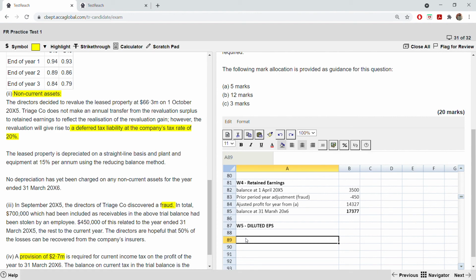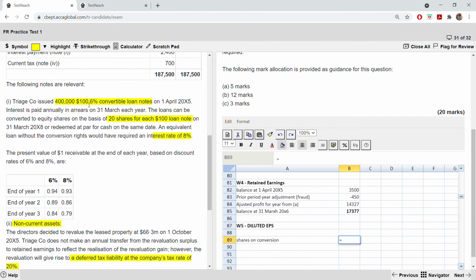What is the additional shares on conversion? How many shares are you getting on conversion? This is the maximum additional shares on conversion. You need to do your working. What is the amount of the loan? It is 40 million. If you see here, 400 into 100, okay, 40 million.